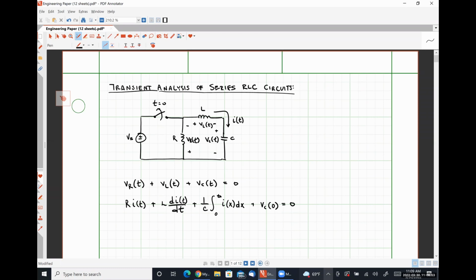And all of this is equal to 0. So this is simply just a restructuring of my Kirchhoff's voltage law equation to put everything in terms of that common current I.